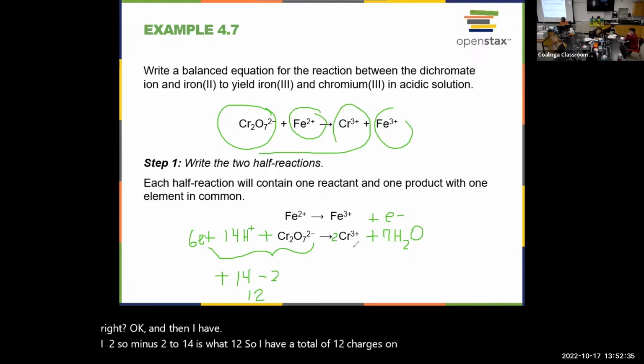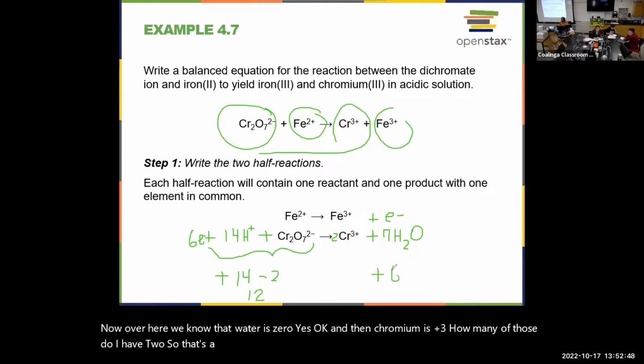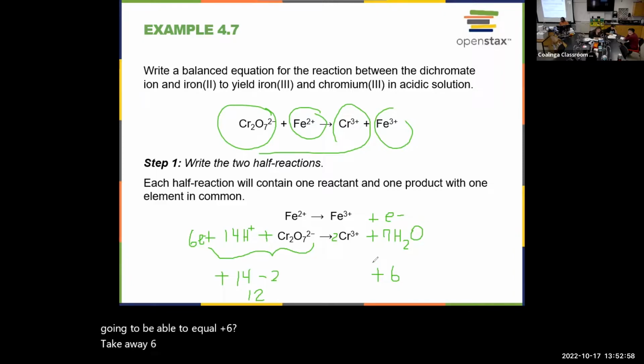Now over here, we know that water is 0, okay? And then chromium is plus 3. How many of those do I have? I have 2. So that's a total of plus 6, right? So how can I get it so that my plus 12 is going to be able to equal plus 6? Take away 6 or add 6 electrons, right?